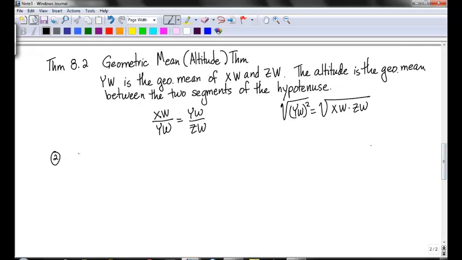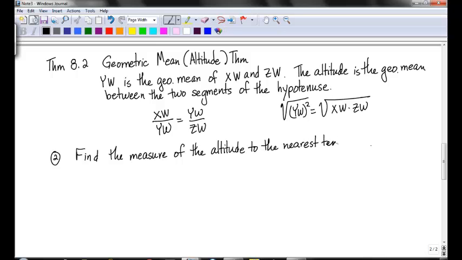Find the measure of the altitude to the nearest tenth. Draw a right triangle.